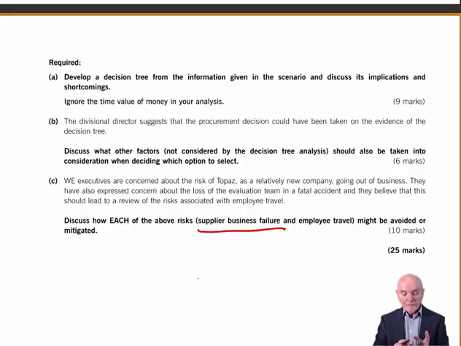Generally speaking, if you buy a piece of software, you do not own the software, you license it, but there are legal arrangements called escrow, and what that means is that here Topaz would put a copy of all the software with a lawyer, with instructions that this software could be released then to customers in the event of the software company going into liquidation. So you get a hold of the original software then as a customer, and then you should be able to amend it and change it and update it as you need to.